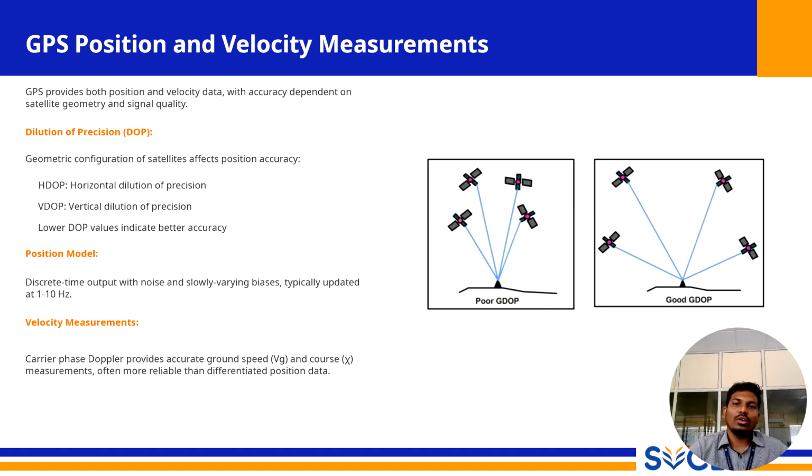Attempting to calculate velocity by subtracting two noisy position measurements would result in an even noisier and very unreliable velocity estimate. The Doppler method, by contrast, gives a smooth and accurate reading of the MAV's speed and direction over the ground.